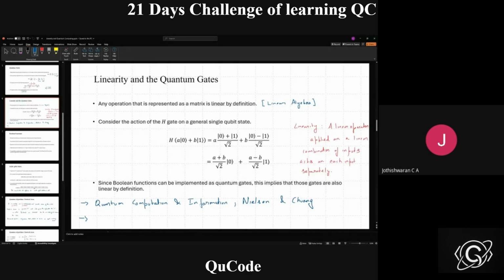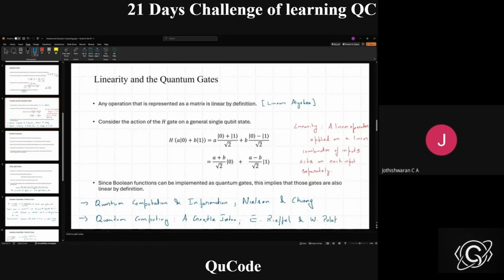And the other book that I read some 5-6 years down the line is this textbook called Quantum Computing: A Gentle Introduction. This book is by Eleanor Rieffel and, I think, Wolfgang Polak.